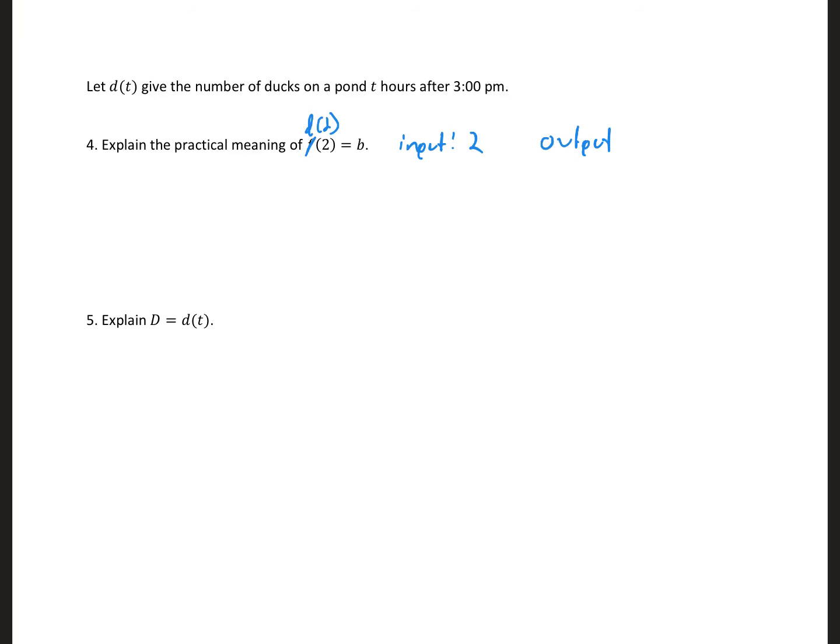Our output is an unknown, it's b. We still recognize that 2 is our input, that's 2 hours after 3 p.m. there will be b total ducks. Or I could say at 5 p.m. there will be b total ducks.